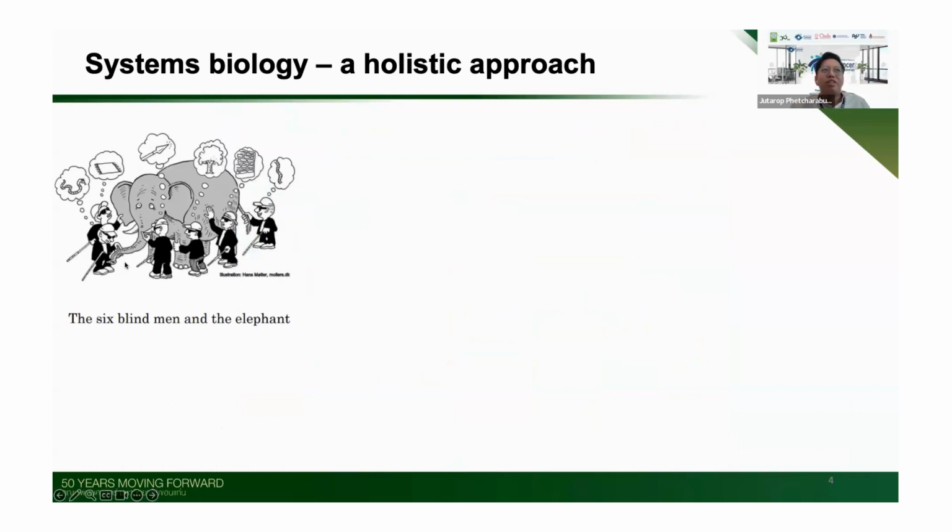For example, if we would like to know about the ears, we just focus or target on the ears. If you would like to know about the tail or the ivory or the nose, we just use the tools or the methodology that can target that particular part. In this case, if we apply it to molecular biology, for example, if you would like to know about one protein, we just study one protein.